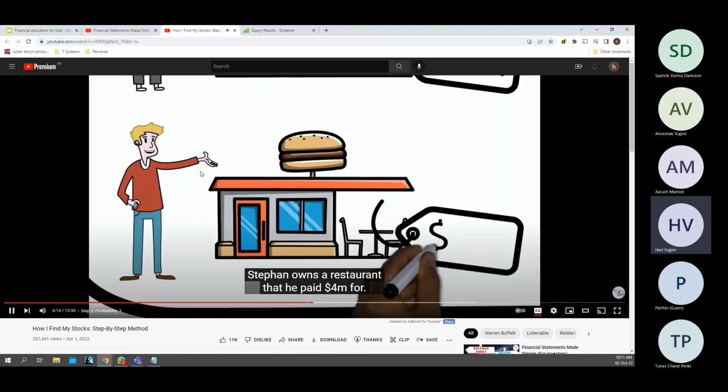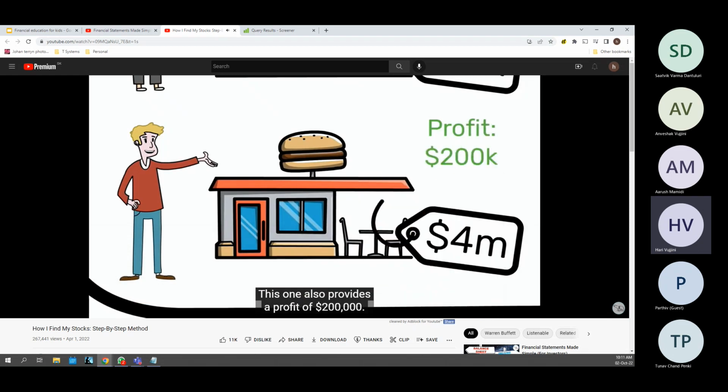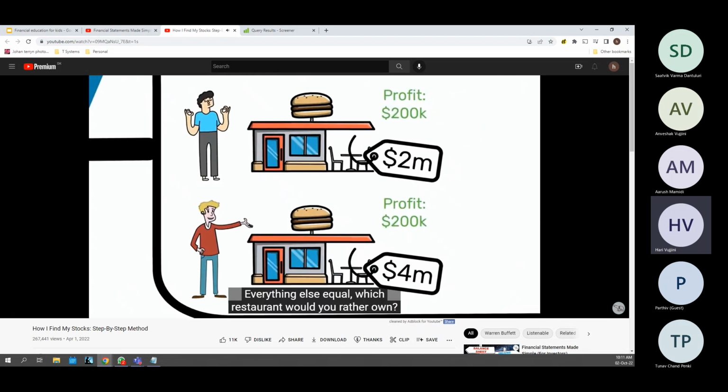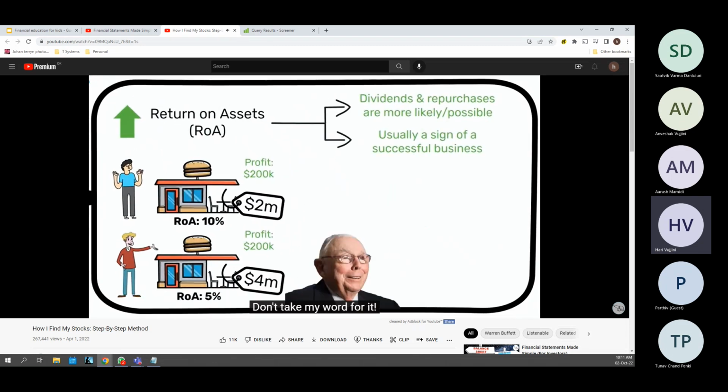That he paid $4 million for. This one also provides a profit of 200,000. Everything else equal, which restaurant would you rather own? That should be Bob's. Bob has a 10% return on assets or capital, while Stefan has 5%. Don't take my word for it.